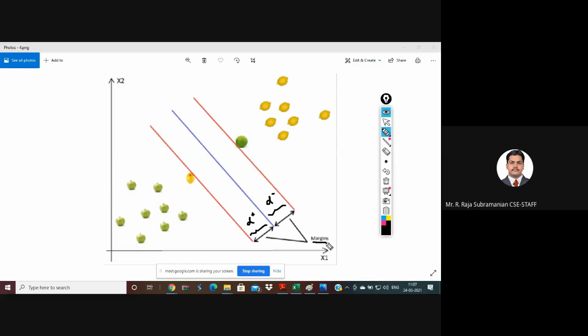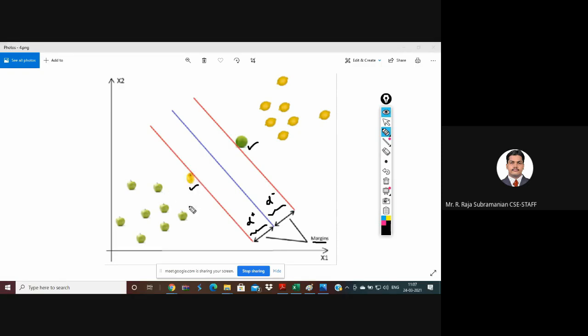We are going to calculate the marginal distance between the chosen support vectors. I am choosing this as one support vector, and this as another. There should be a large distance between these two support vectors. That is how I need to choose my support vectors. I cannot choose these points alone as my support vectors. Surely these should be there.